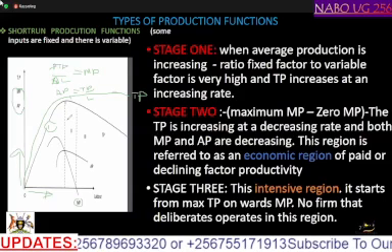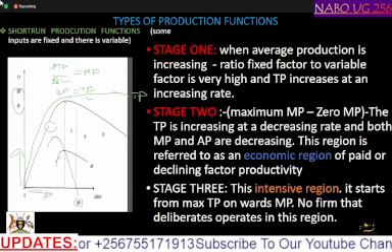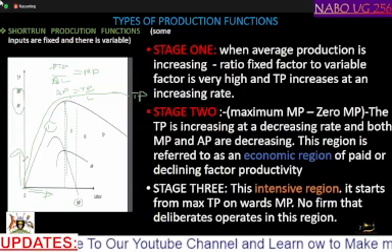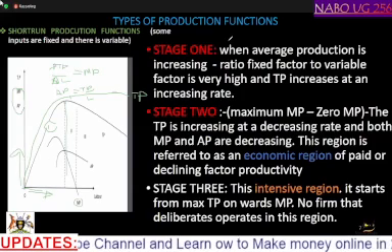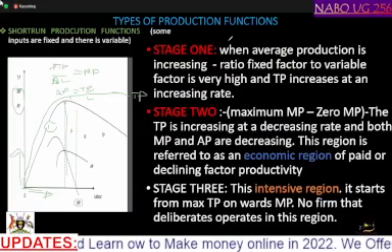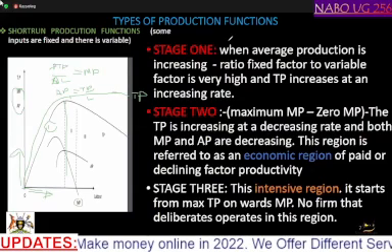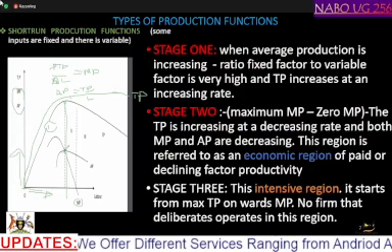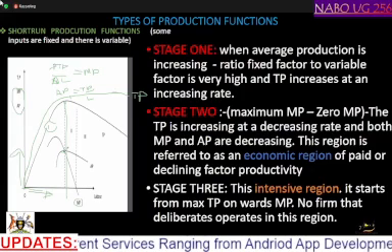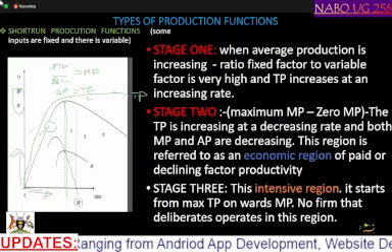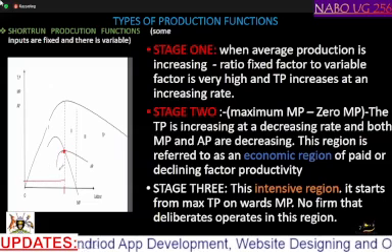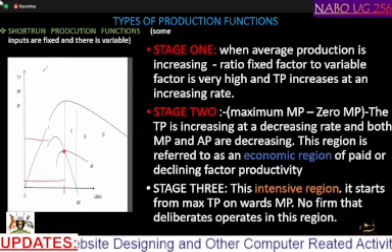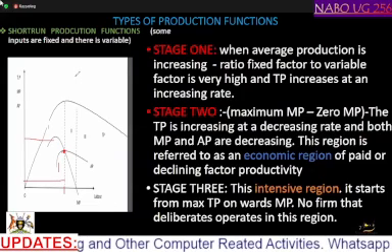It begins from 0 up to a point where marginal product is meeting with average product. That is the stage 1 we are talking about. Up to a point where that is the stage 1 of production, and we say that output will be increasing at an increasing rate. Some people fail to understand increasing at an increasing rate.